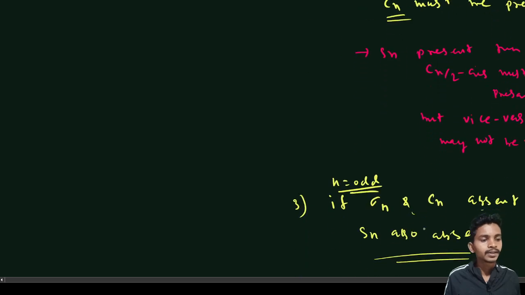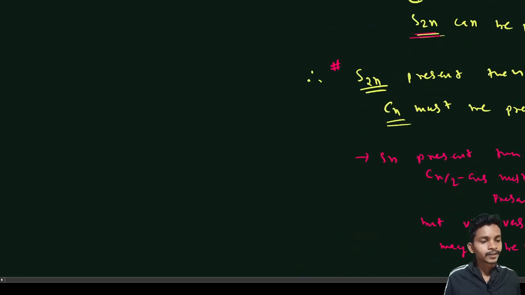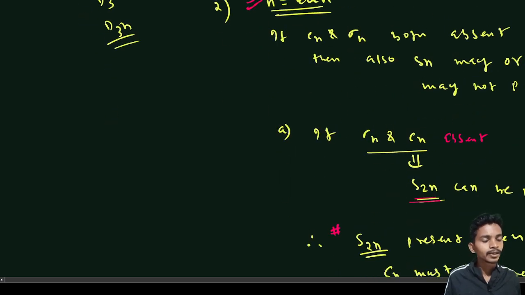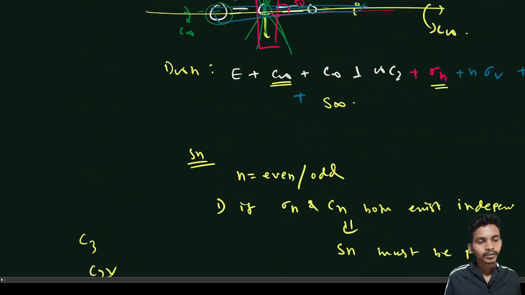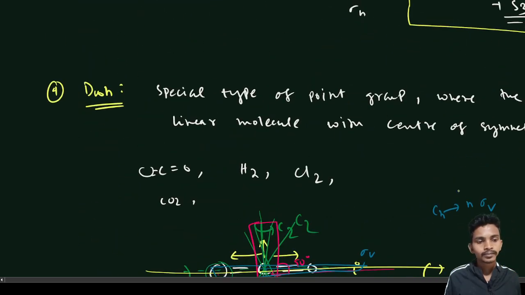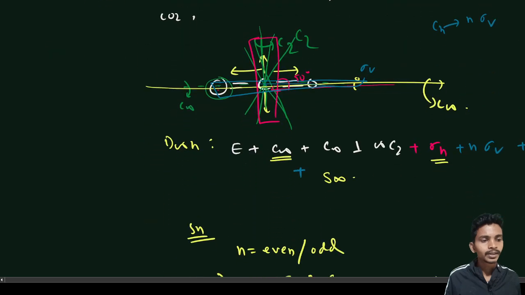If this is absent, then Sn is simply absent. Okay, but for n equal to even, if that is absent, then also S2n can be present. So we discussed that in the previous class. So from here we say that if sigma h and the principal axis are present, then S infinity must be present.